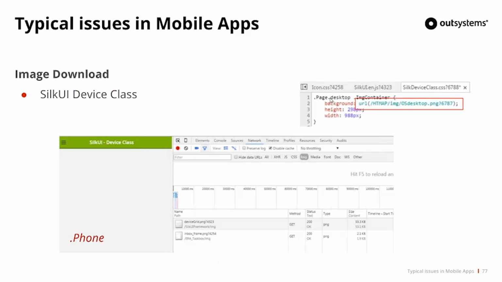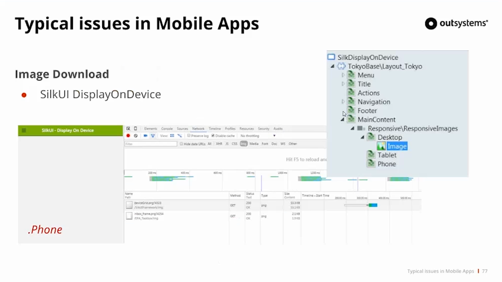You can use a class or media query to display the image just on the device you want, or you can use something like the SilkUI display on device pattern, which lets you put the image just on the device you want to show, and on the other ones the image will not be rendered. This is not always good, because you need to know the dimensions of the image. Here you'll have a link to the webinar SilkUI from Basics to Advanced.